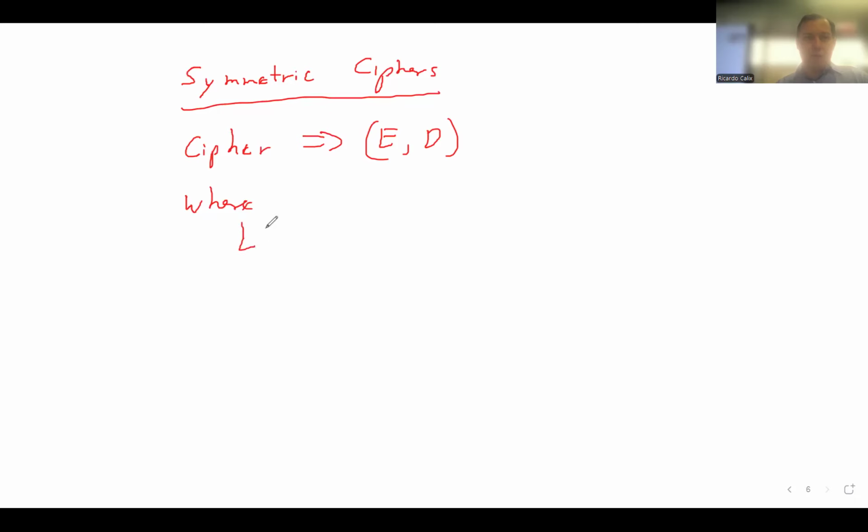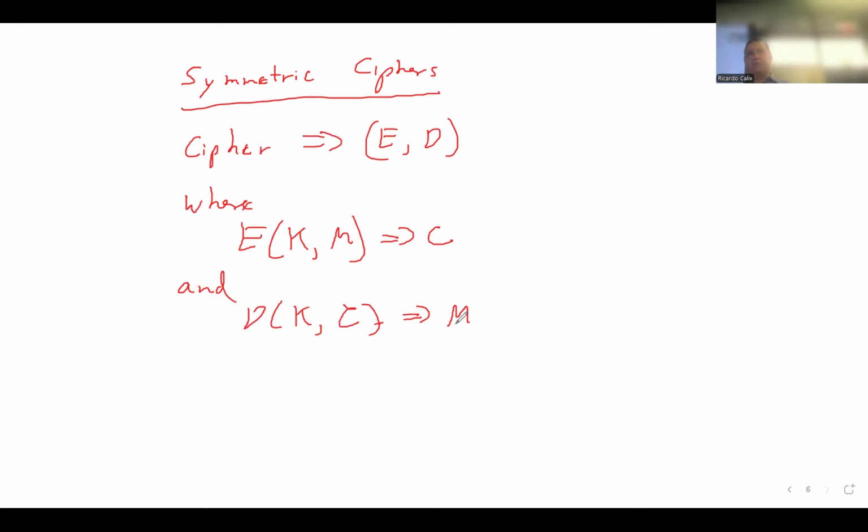We have encryption E(K, M), which gives us the ciphertext C, and the decryption D(K, C) produces the plaintext message.